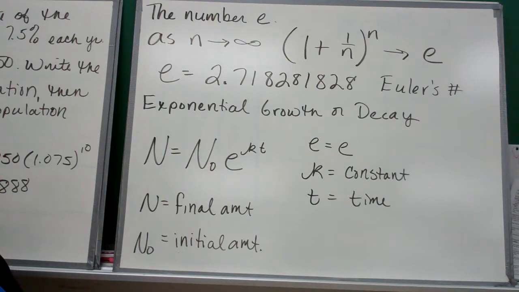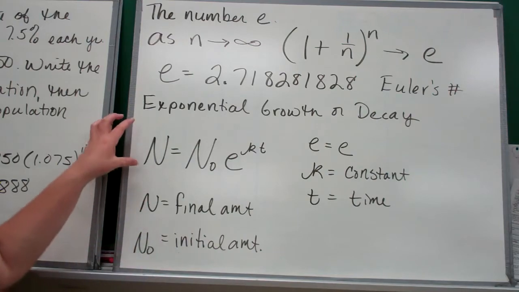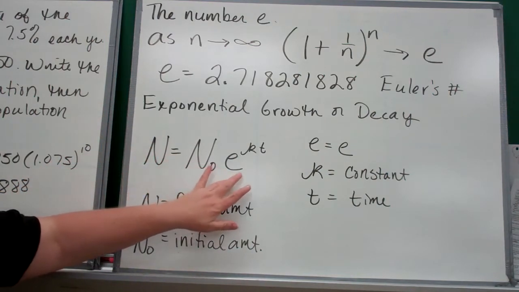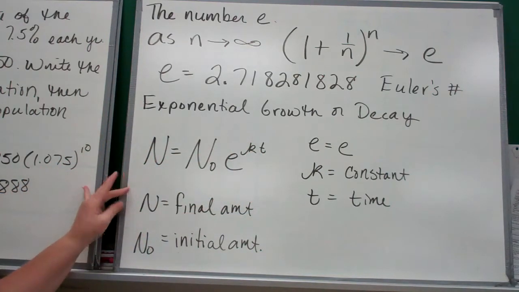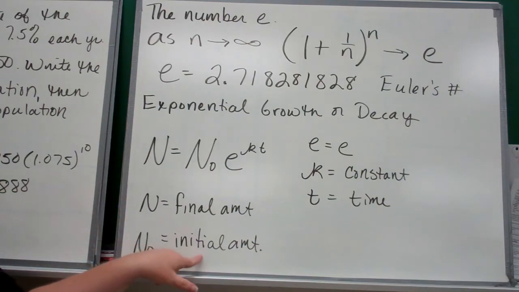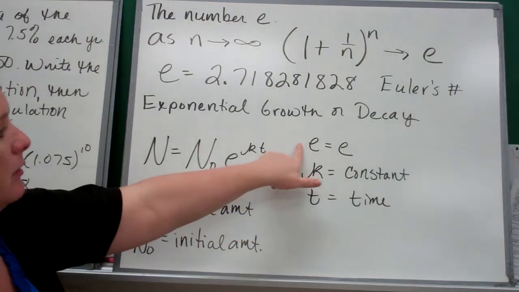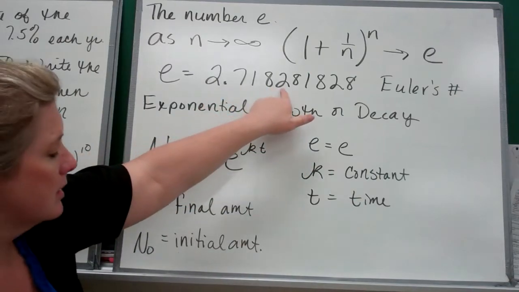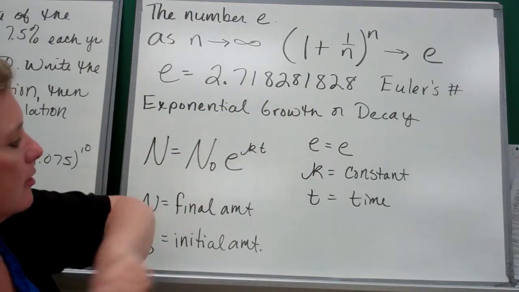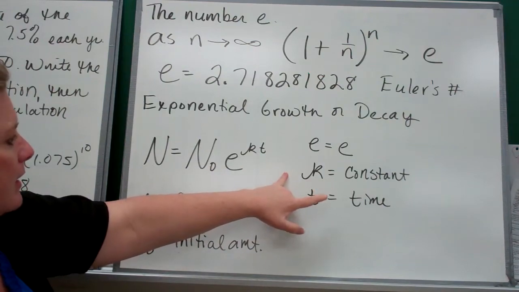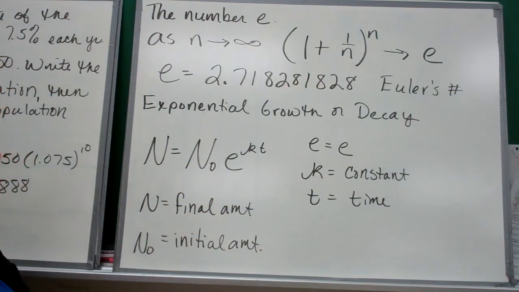With exponential growth and decay, same thing: N equals N naught e to the kt. N is your final amount, N naught is your initial amount, e, of course, represents this number, and we have a button on the calculator for that. k is a constant, and t is time.